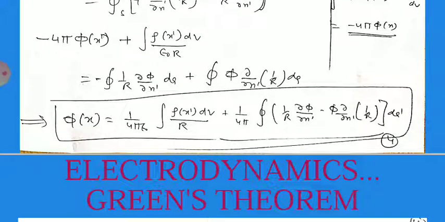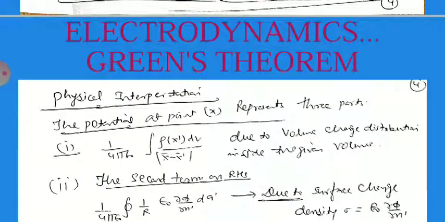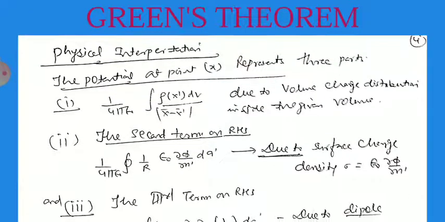This gives three terms on the right hand side, which means the potential is the combination of three terms. What is the physical interpretation of these three terms? The first term represents the potential due to the volume charge distribution inside the given volume, 1 by 4 pi epsilon naught rho of x dash dV over |x minus x dash|. The second term on the right hand side, 1 by 4 pi epsilon naught 1 by r epsilon naught del phi by del n, gives the potential due to the surface charge density sigma equal to minus epsilon naught del phi by del n.